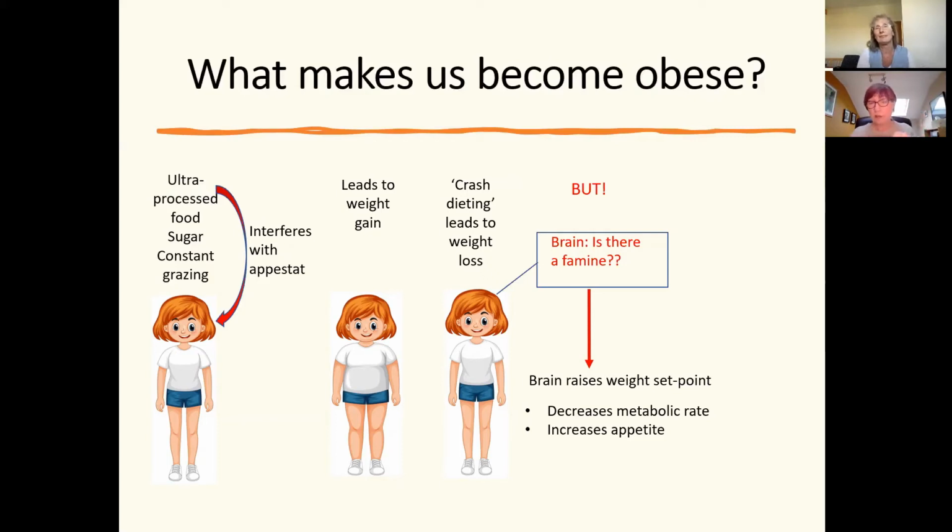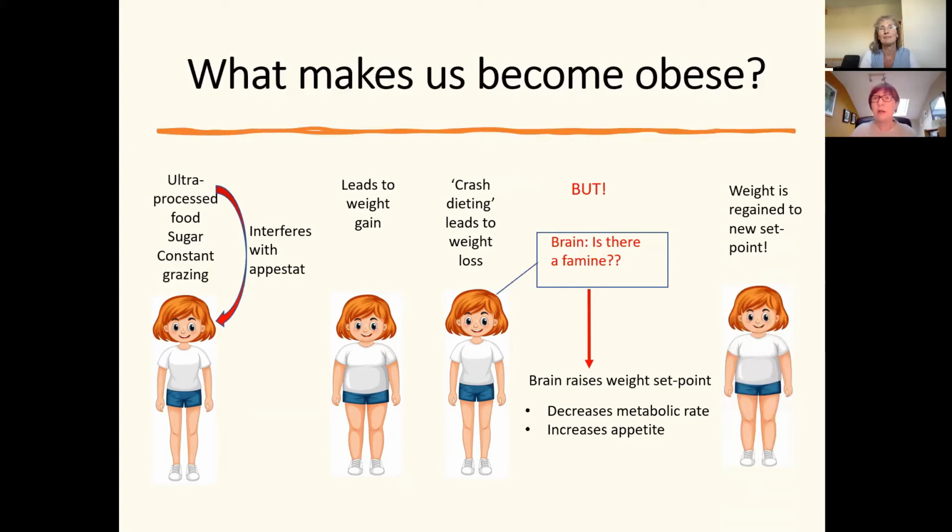So our young lady here, she's lost her weight. She's decided she's not dieting anymore, but suddenly she's feeling really hungry because of these messages. And so she will gain weight until she gets to the new set point that her brain has decided on. And this is obviously higher than it was before. So now it's a bit more difficult for her to lose weight because her set point has changed.